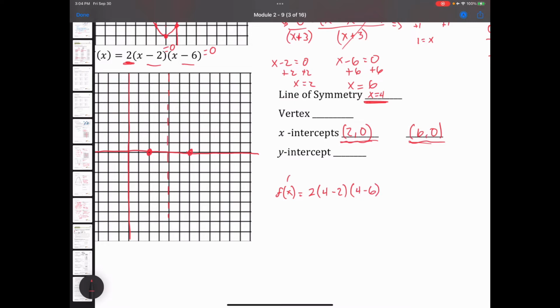I'll solve for this f of x, or y functionally, and what I can then determine is if this is the x value of my vertex, the line of symmetry at x equals 4, this computation is then solving for the y value of my vertex.